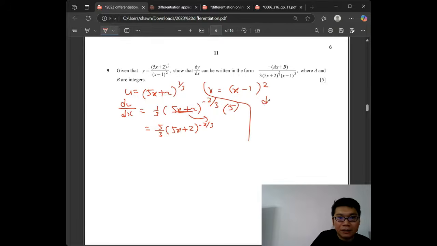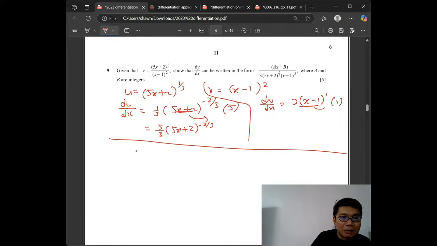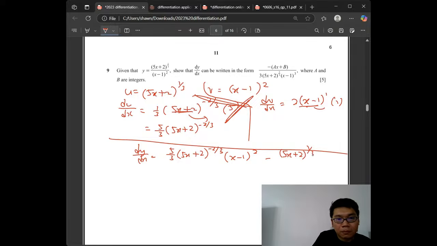And then my dv/dx is 2x minus 1 power 1, and then times 1. So it's just 2 times (x minus 1). Then we can get my dy/dx, which is v times du/dx, so it's this, minus this times this, divided by v squared.